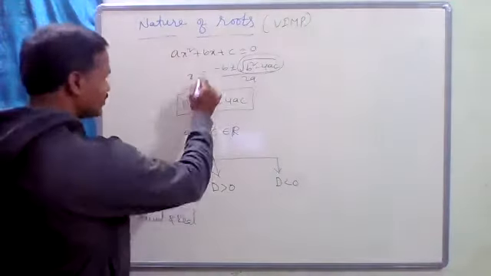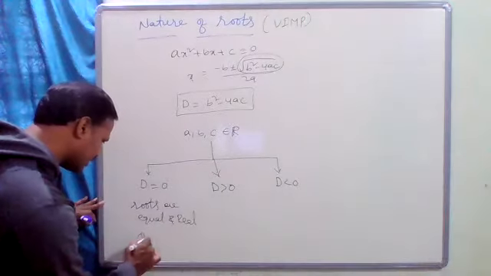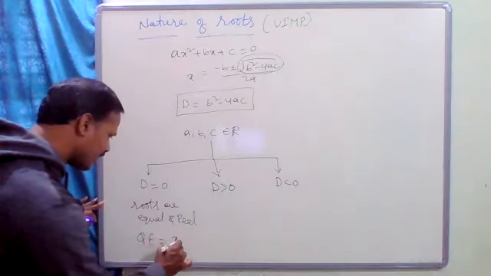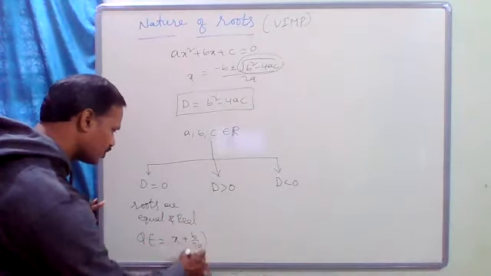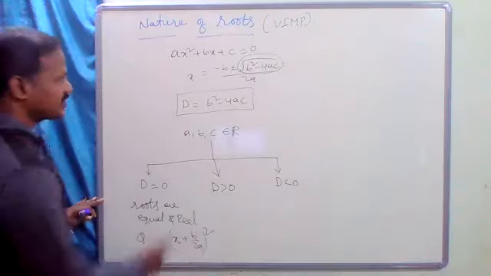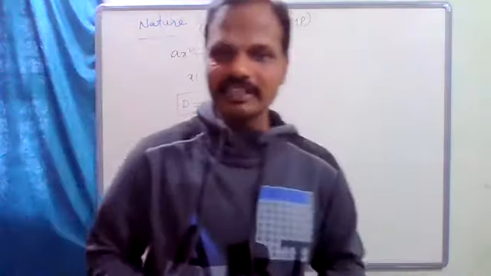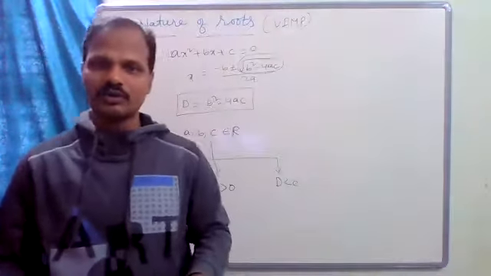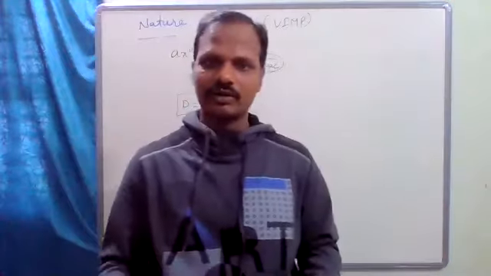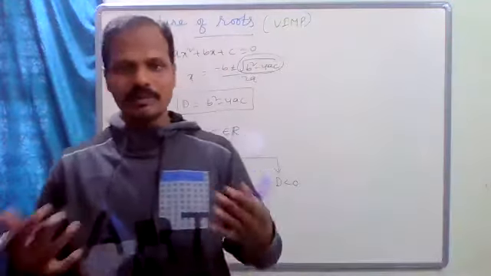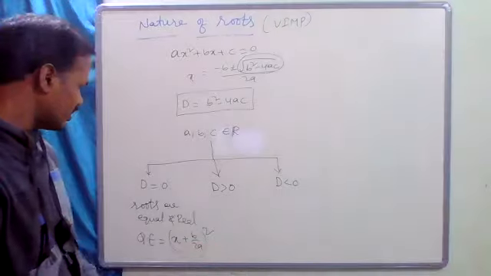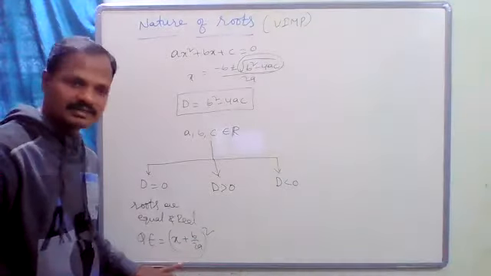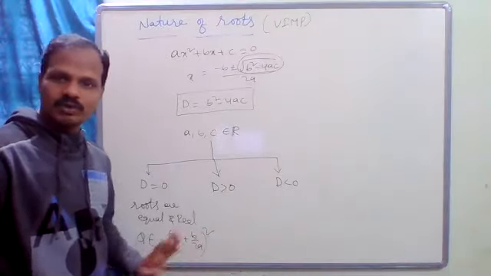And this is a perfect square. The quadratic expression is x plus b by 2a whole square. It must be a perfect square because both roots are minus b by 2a. That means x plus b by 2a is 0, and the other one is also x equal to minus b by 2a. So it is x plus b by 2a whole square.